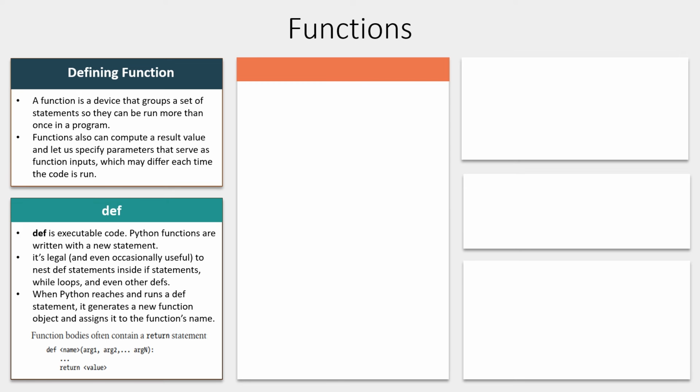As it is a compound statement, it will end with a colon, and below you will have a number of statements, and finally you have to return a result. The function should give some response. For that we will use a return keyword and an expression or a value that you want to show to your user. So that's how our def works.